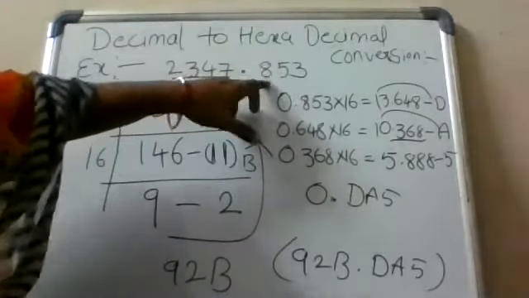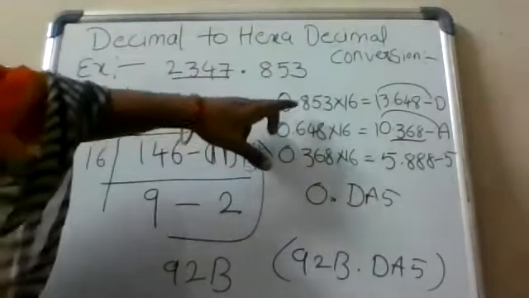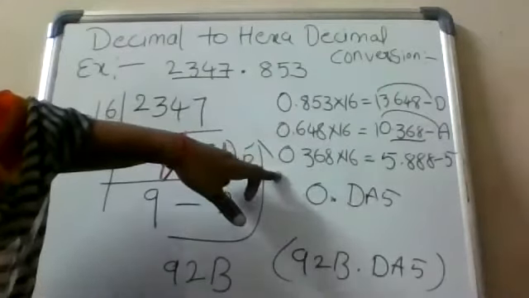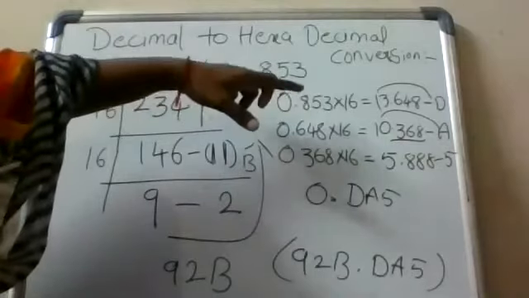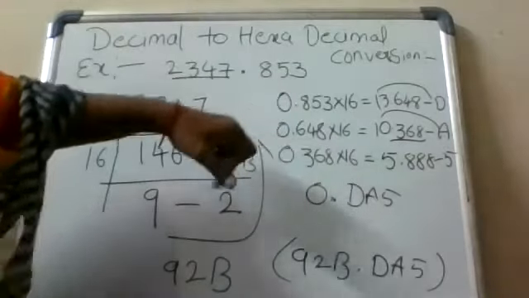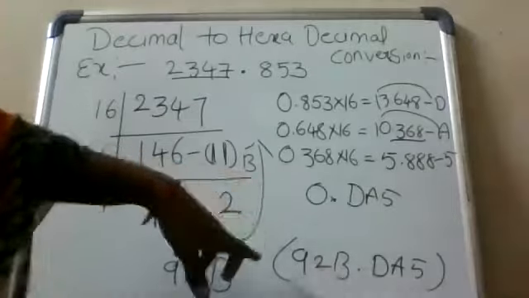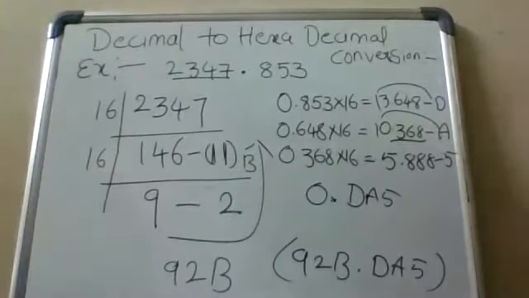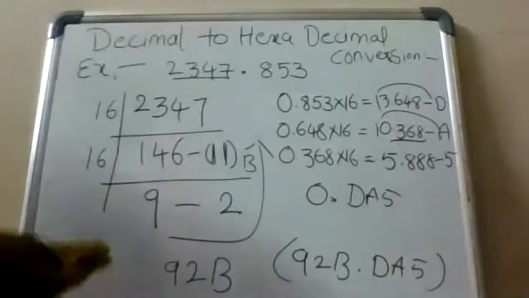For the fractional part, after the point, multiply by 16 continuously. In every multiplication, write the remainder. After combining this value and this value, we get the answer. This is the decimal to hexadecimal conversion.